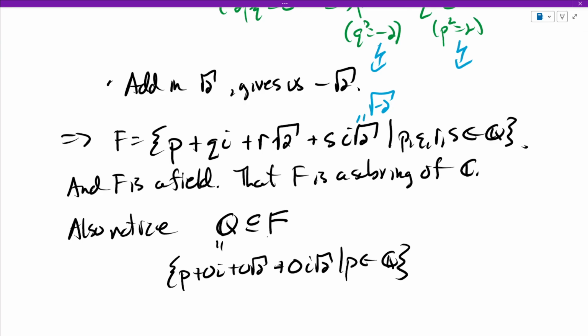In fact, it's a subfield of F. So F is a larger field that contains Q. So what we've done is we started with a number system and we threw in a bunch of roots and we got a larger field. So what we're going to do in this chapter, this is really the type of example we're going to care about later, is study how you can enlarge fields in this way. These are called field extensions.